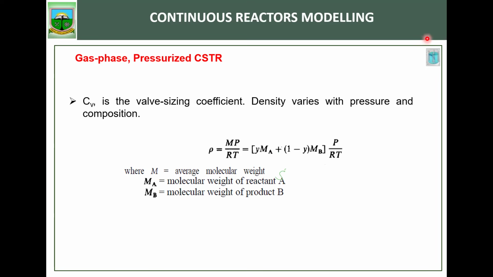Now, you know that from the ideal gas equation, we have PV equal to nRT, right? And if this is true, it means that this value here, moles, is related to the molar mass, right? We know that density is equal to mass over volume, right?